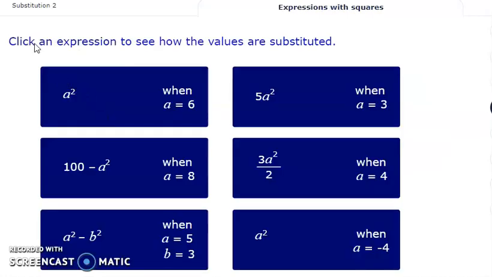So based on what we learnt in the previous section, here we have some questions. Let us try this question, 100 minus a square. a square is simple, a square is a times a, and here it is 100 minus a square, where a equals 8, that is given.